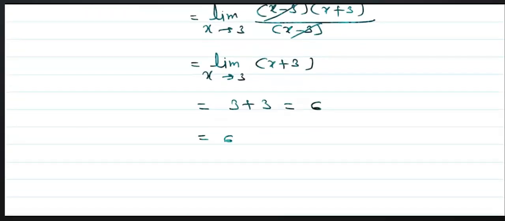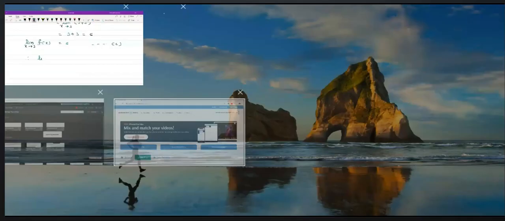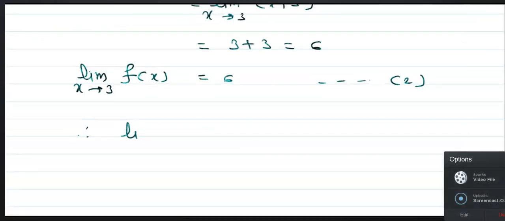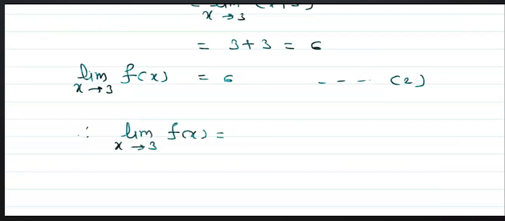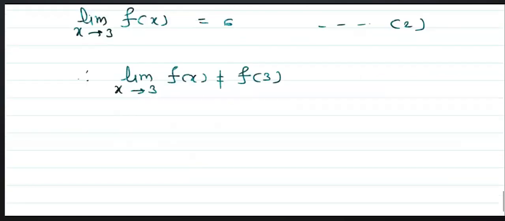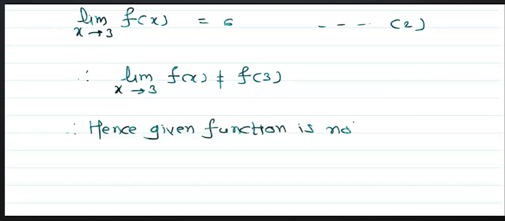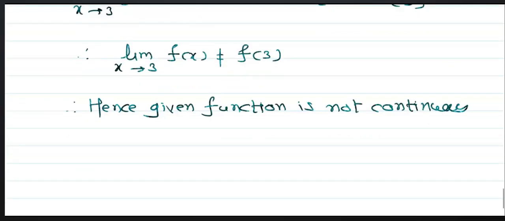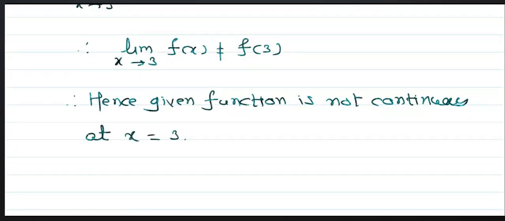Therefore, we will take the limit that is equal to 6. This is the limit of the function. And we have given that the value of the function is 8 and they are not equal. And hence, the given function is not continuous at x equal to 3.